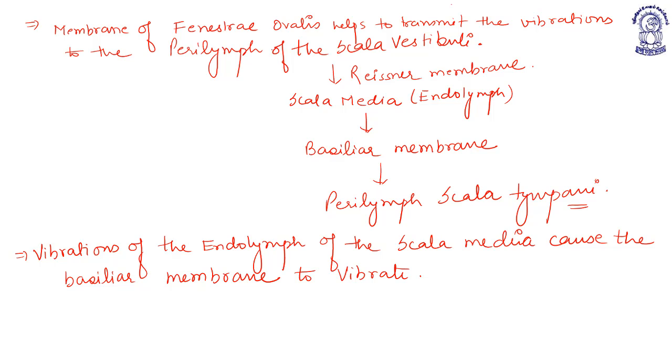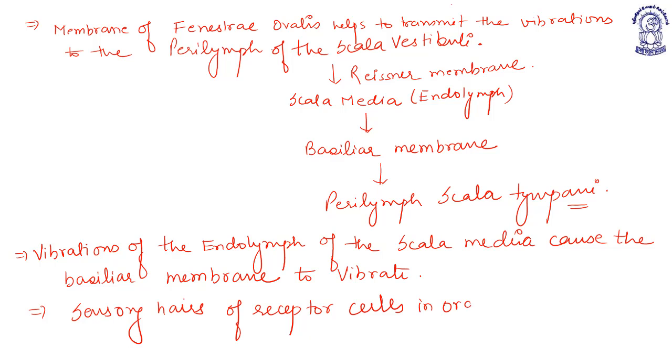The vibrations in the basilar membrane make the sensory hairs of the receptor cells in the organ of Corti move in the overlying gelatinous membrane.